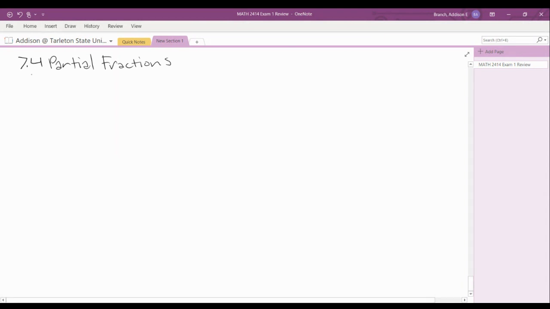So partial fractions are going to be used with rational functions. And by that we mean that if we have a function f of x, it could be broken down into a function p divided by a function q.